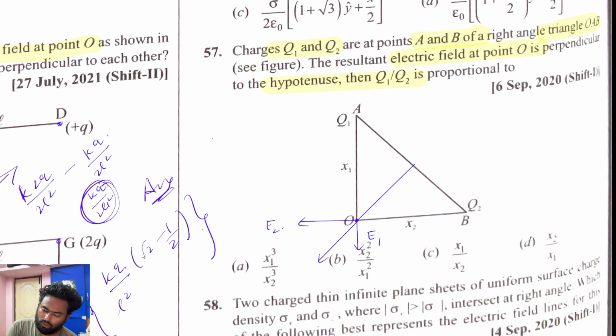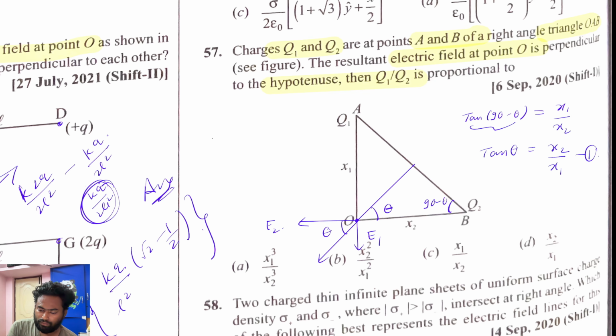If you take this angle theta, then this angle will also be theta. So what about this angle? It will be 90 minus theta. So tan of 90 minus theta will be x1 by x2, that is cot theta. So tan theta will be x2 by x1. This is our equation number 1. We will use it.